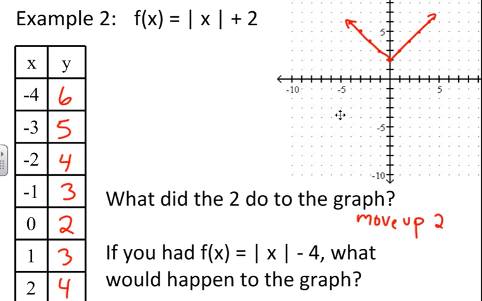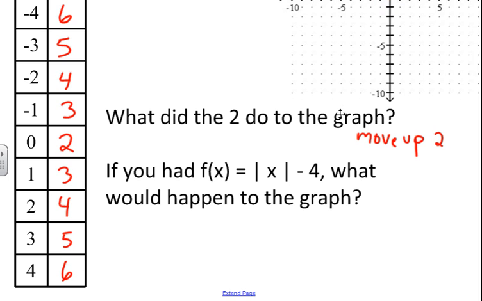If you had f of x equals the absolute value of x minus 4, the graph would move down 4 units.